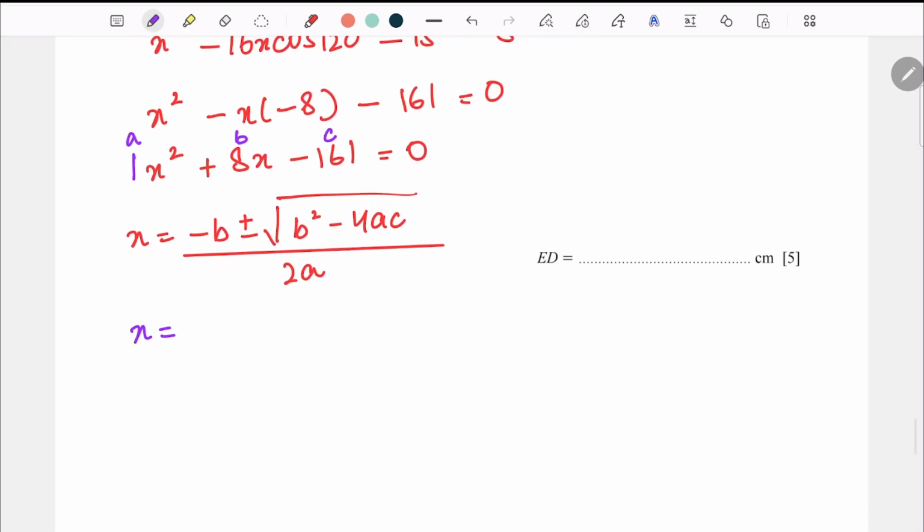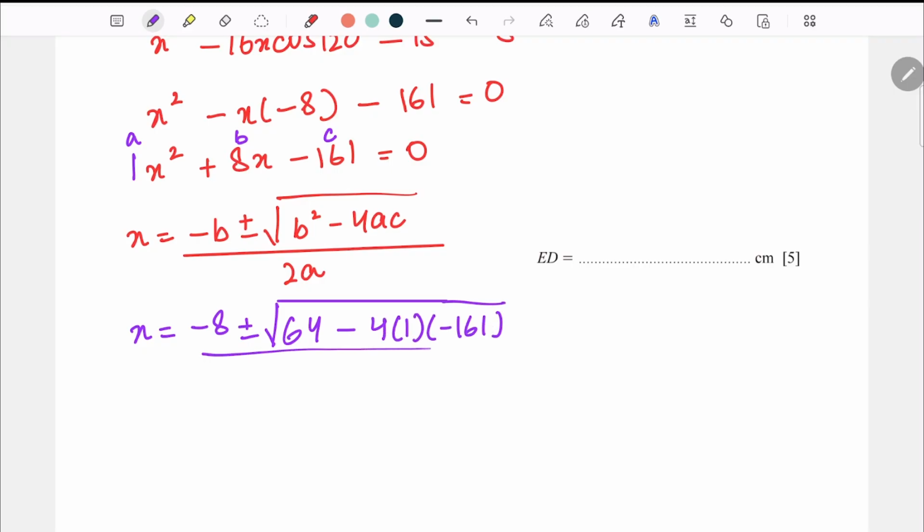So when I put the formula, I'll be getting minus 8 plus minus the square root of 8 into 8 is 64 minus 4, a is 1 and c is minus 161, divided by 2 into 1 is 2.